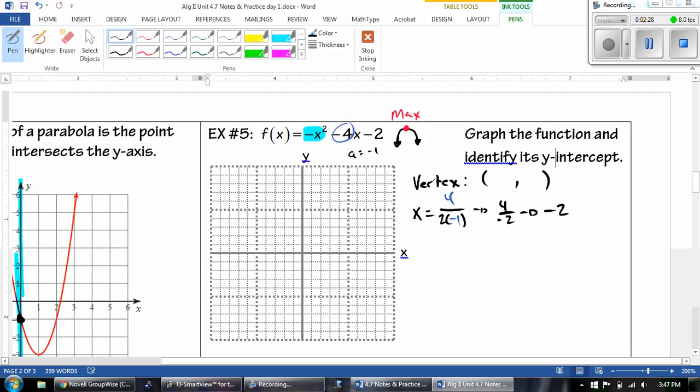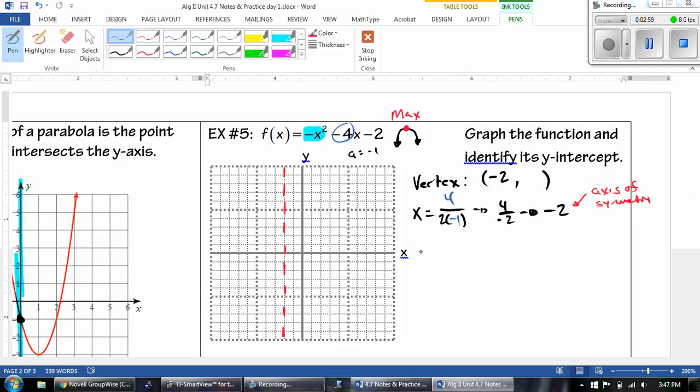So that means my vertex is going to be at x = -2. Once again, this -2 is our axis of symmetry. So at -2, I'm just going to come down here and draw a vertical line, because this is the line that cuts our parabola in half. So we know what the x value is.